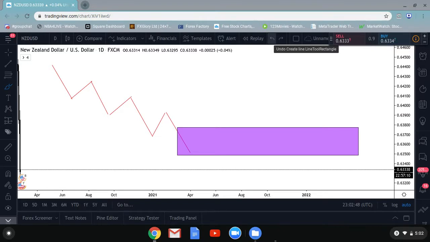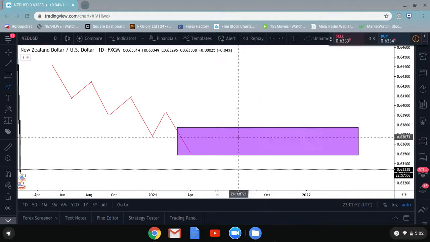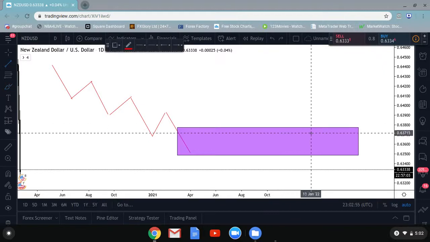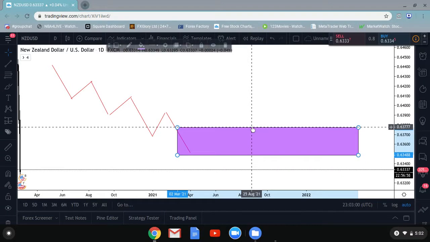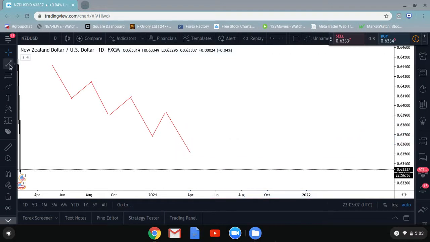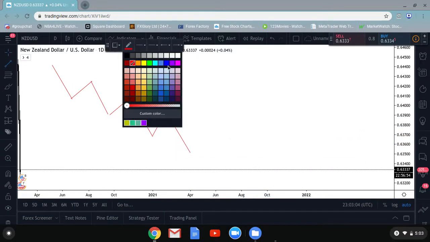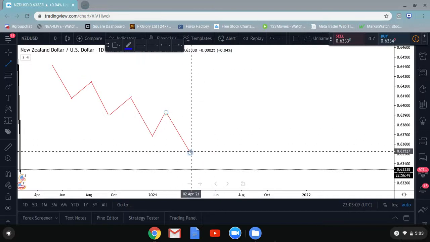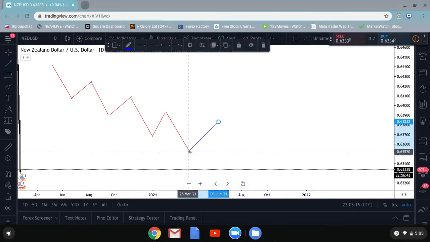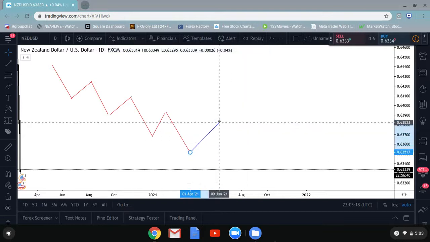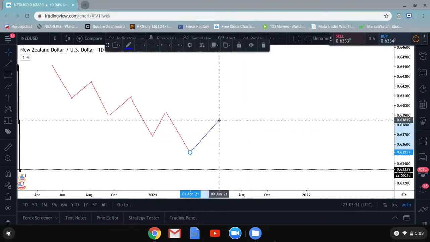So how can you spot this? Price ranges low to high, but the lows and highs never get broken. So it would look something like this. Let me go ahead and delete that just for the time being. And let's choose a different color. Let's choose blue. So price would do something like this. It would range, it would go up, but it wouldn't go up to that high.